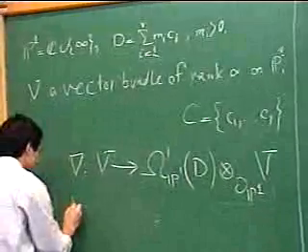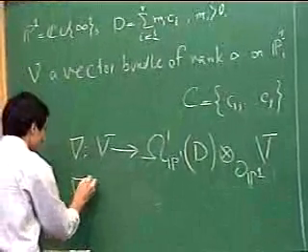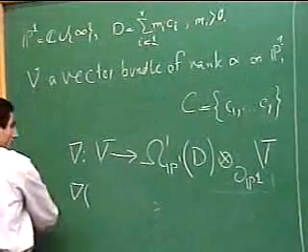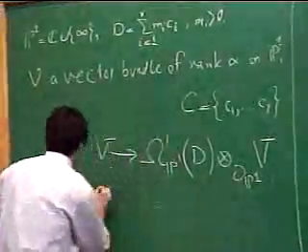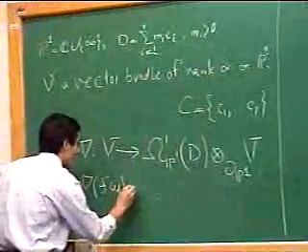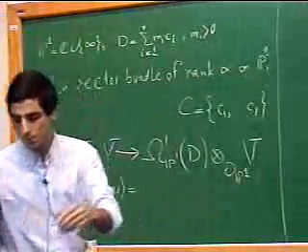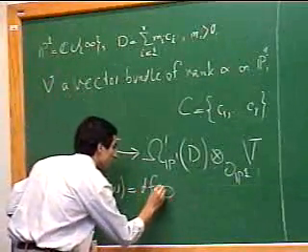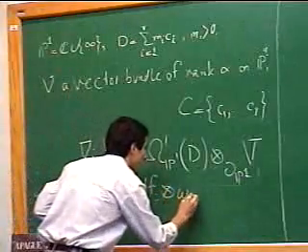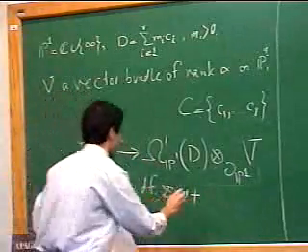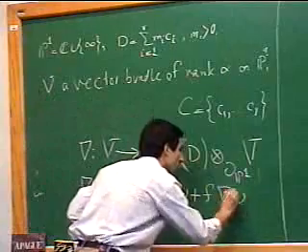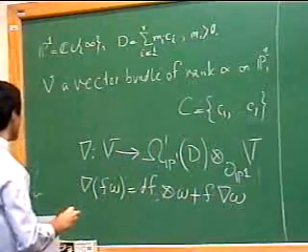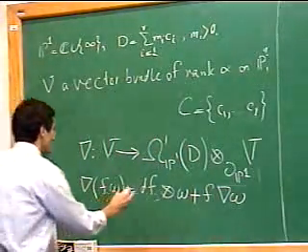And what nabla satisfies is the Leibniz rule. I write here: nabla of f omega equals df tensor omega plus f nabla omega.